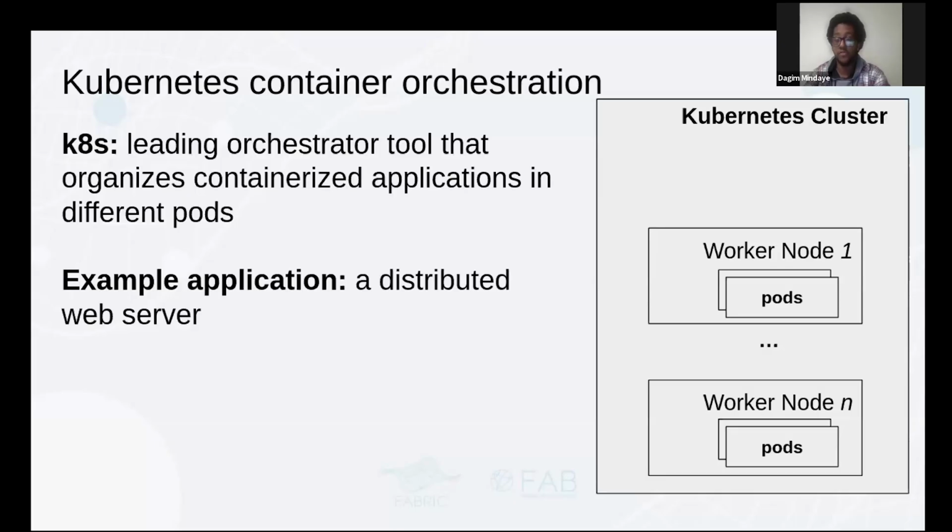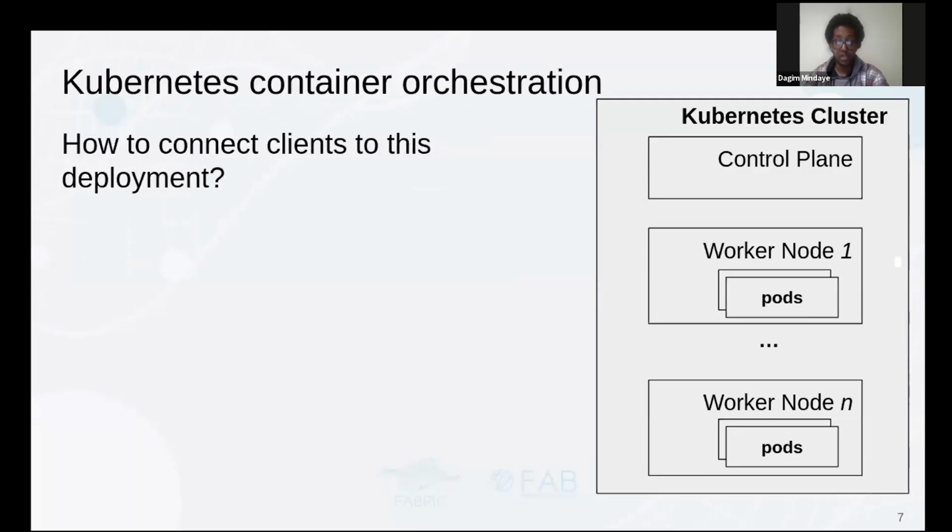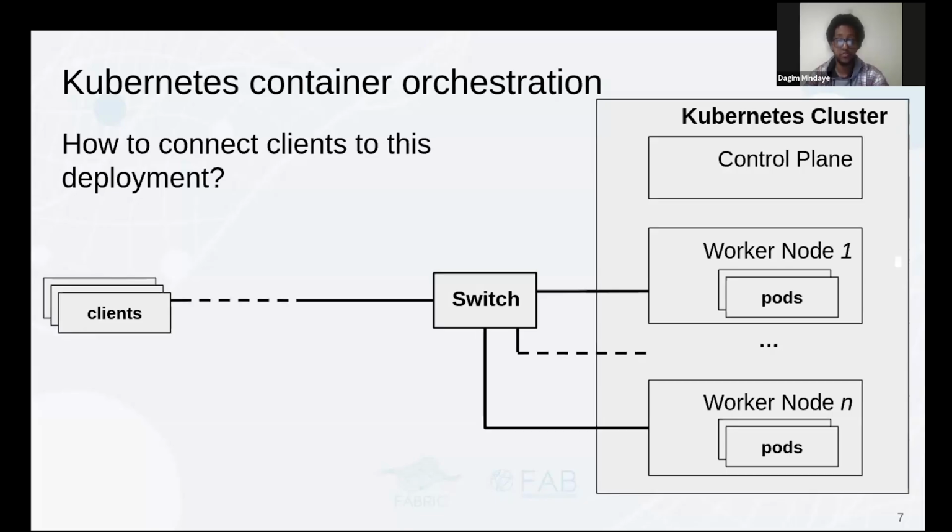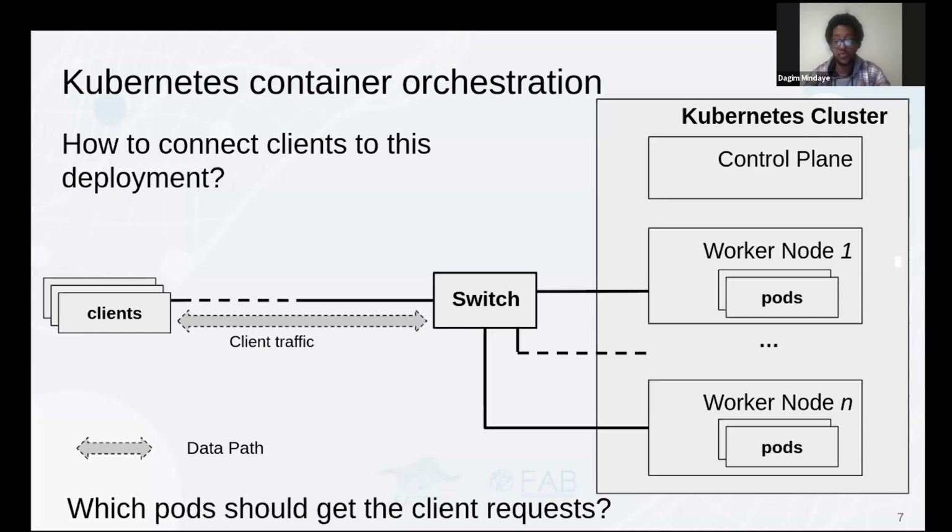You can have however many running pods, and a control plane that oversees them. How do clients connect to this deployment? We have our client coming in here to the switch. The data goes into the switch, and then comes the problem that we're trying to solve through our project, which is which pod should be getting this traffic.